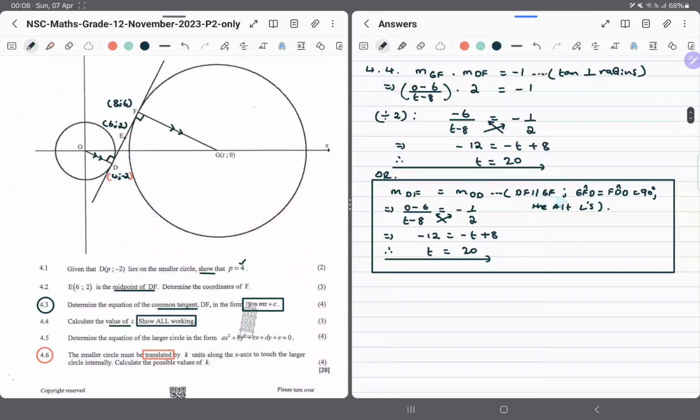And we literally have to justify this statement. We can say DF is parallel to GF. How? Because we can clearly see that this angle GFD is equal to FDO equal to 90 degrees. And these are the alternate angles. So when alternate angles are equal, it means two lines are parallel and they are cut by some transversal line. In this case, the tangent.